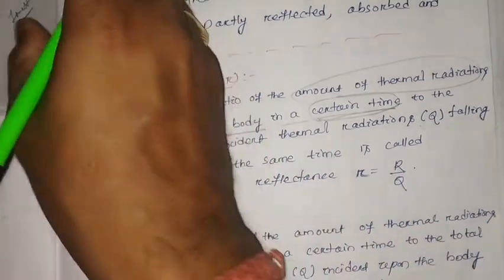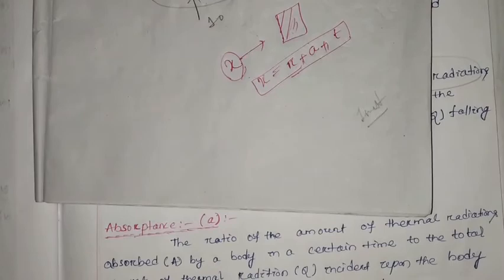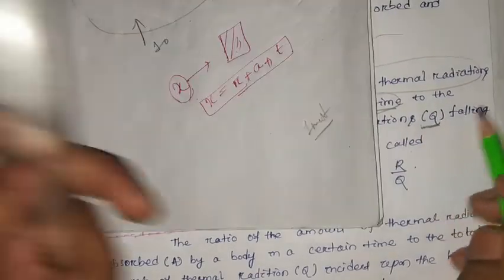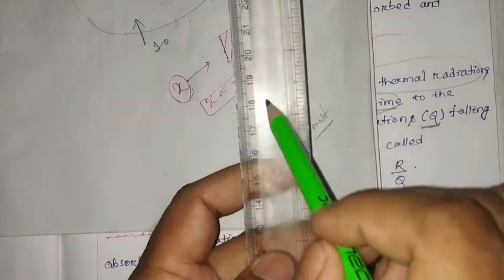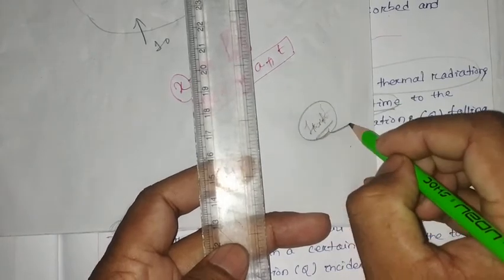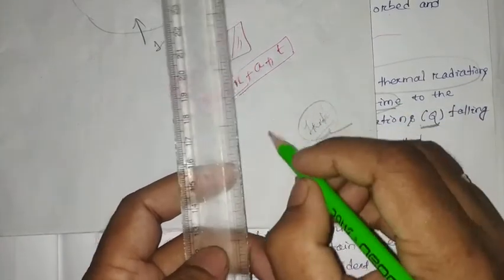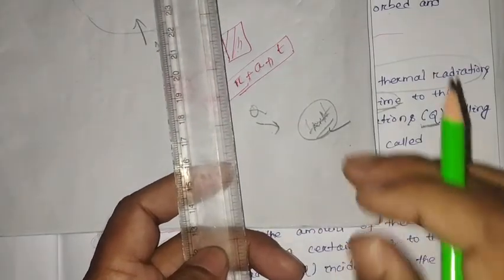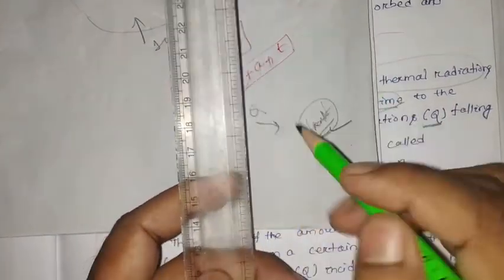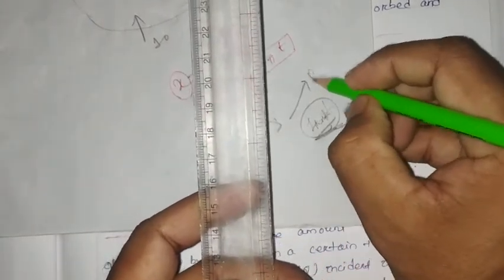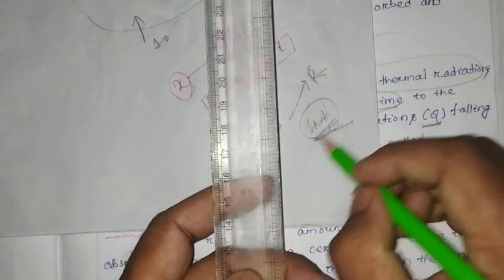Suppose Q amount of thermal energy is incident upon this material for 1 minute, and R amount of thermal energy is reflected in the same 1 minute.